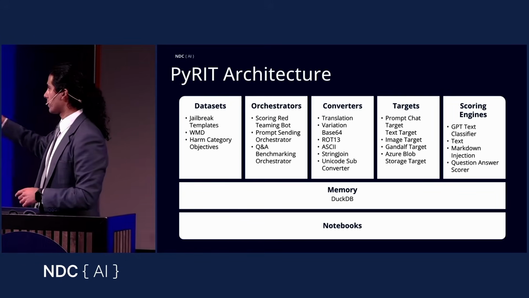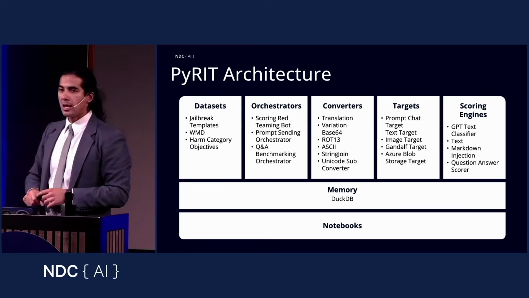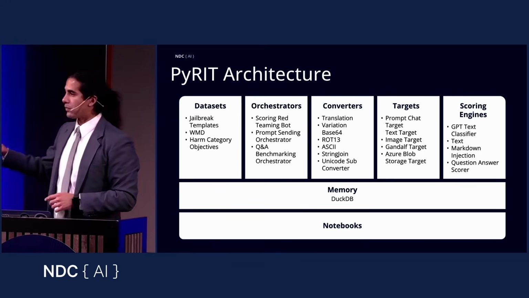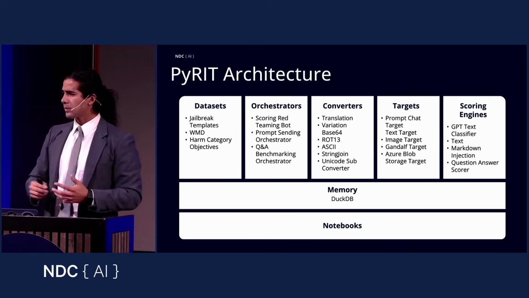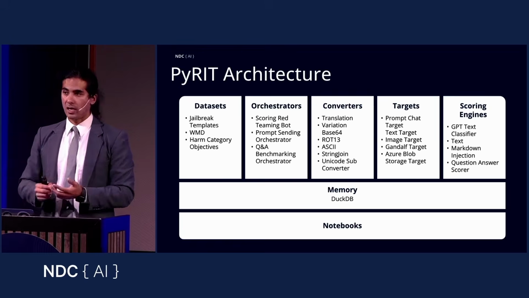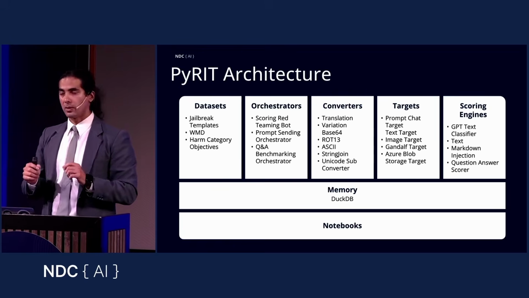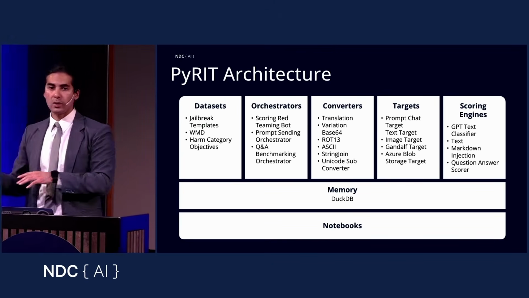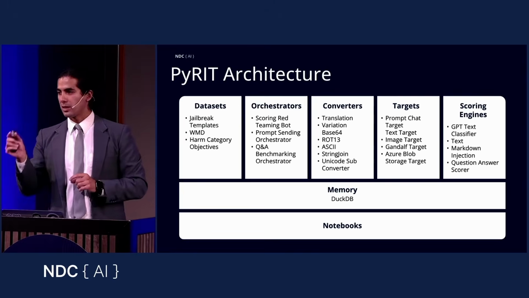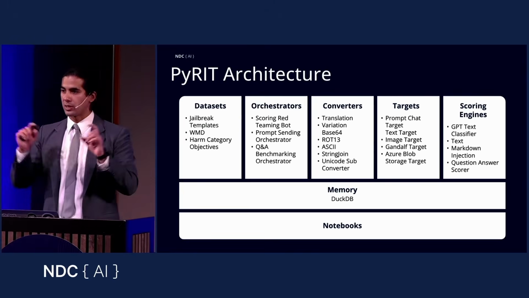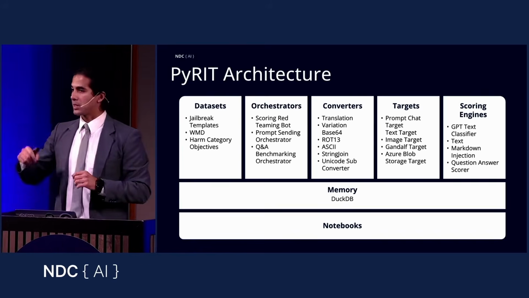There are some GPT text classifiers. There are some markdown injections. Just to give you an example, one of the most common vectors I've seen for data exfiltration is via markdown rendering. If you chat with a chatbot, sometimes you see rich text: things in bold or italics, or headers with bigger font. You can also put images in there, right?